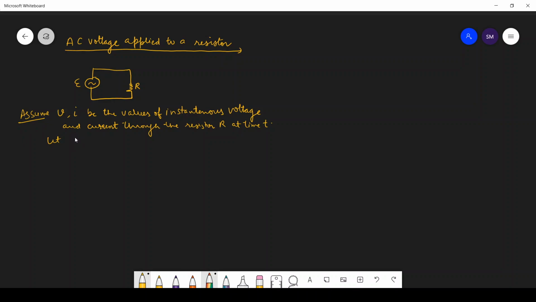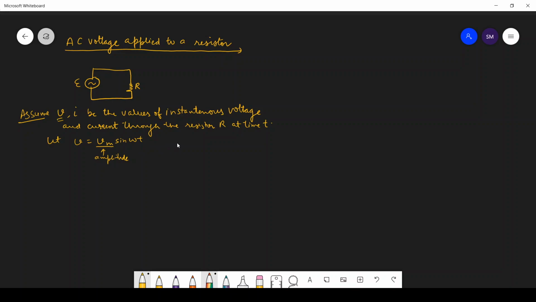Let the AC voltage across the R be given by V equals Vm sine omega t, where this Vm is the amplitude of the oscillating voltage, or you can say maximum voltage.